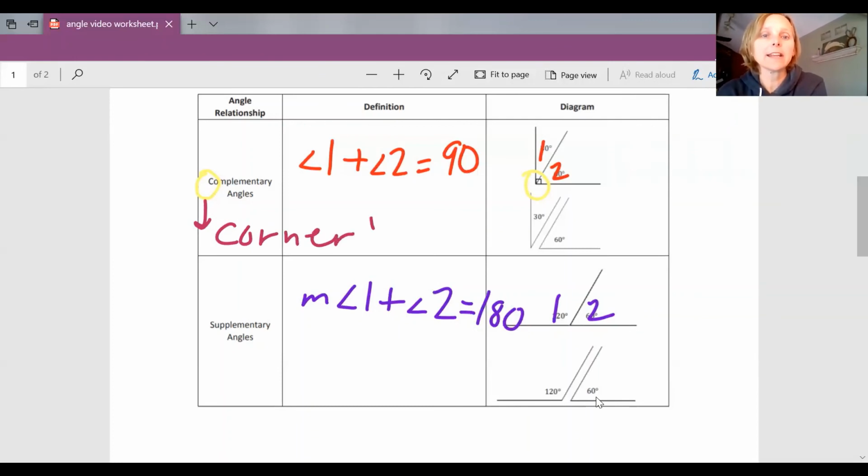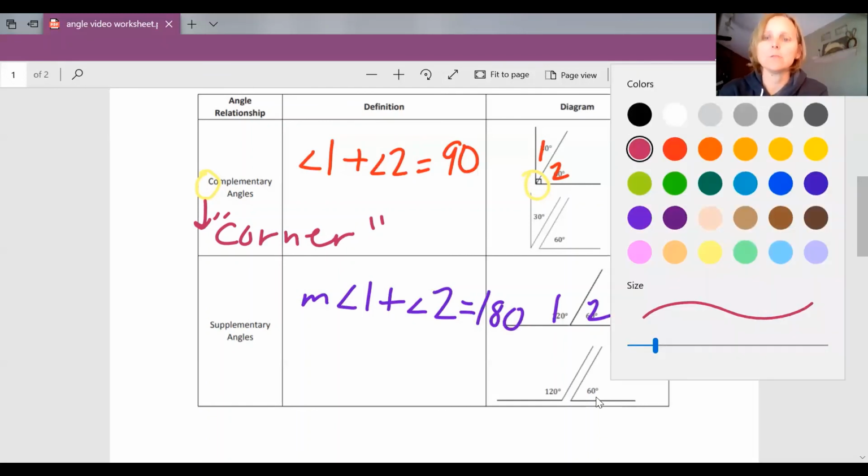And we know that 90-degree angles make a perfect corner, like the corner of a square or the corner of a rectangle. I like to think, oh, corners are 90 degrees. The corner of a piece of paper, 90 degrees. So complementary starts with the letter C, so does the word corner. Just a little trick that I like to use to remember which one is which.